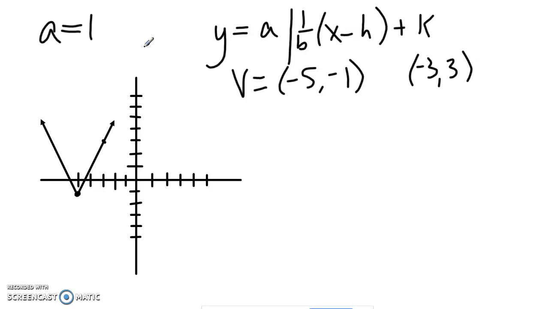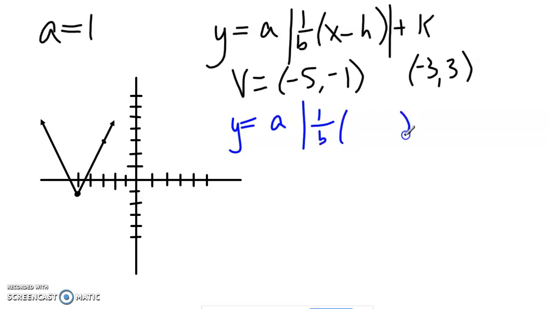So first step, I'm going to plug in for my vertex. Whoops, I forgot my absolute value right here. Missing that second half. Everything else look good? Okay. So first step, I'm going to plug in my vertex. So I have y equals a, 1 over b.